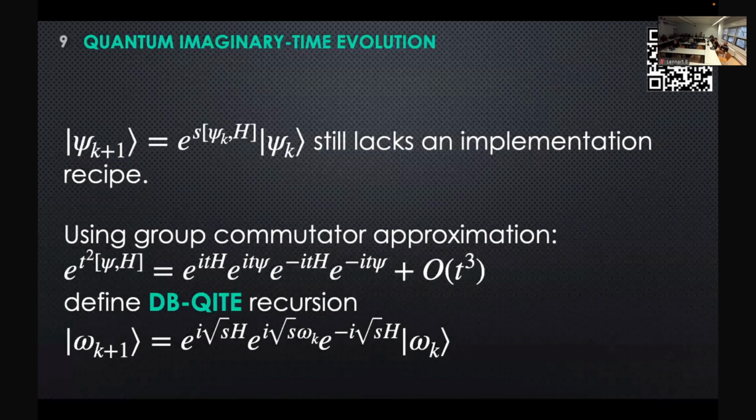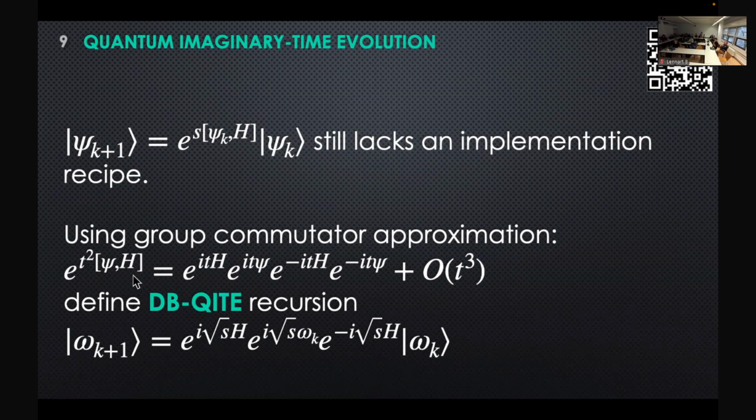We discretized it, but this commutator exponential is still a bit far from direct implementation. So we need to approximate it by the technique we call group commutator approximation. This is just true.